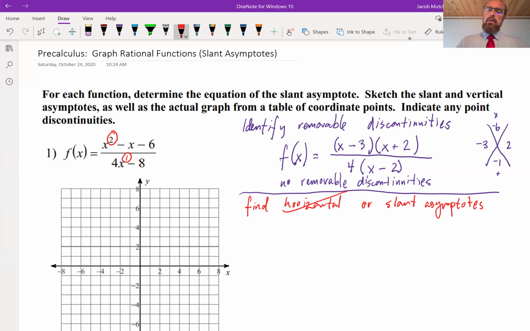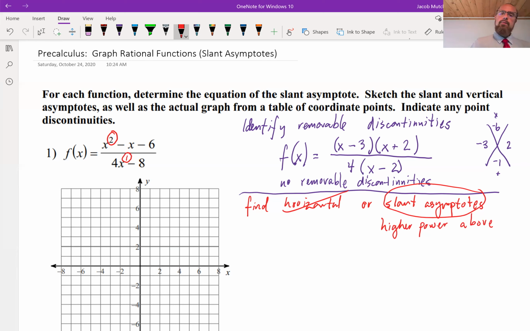I've got a slant asymptote because the higher power is above. Remember, if the higher power had been below, I would have had a horizontal asymptote. If the high powers were equal, I also would have had a horizontal asymptote. So it's only this one case where the higher power is above.